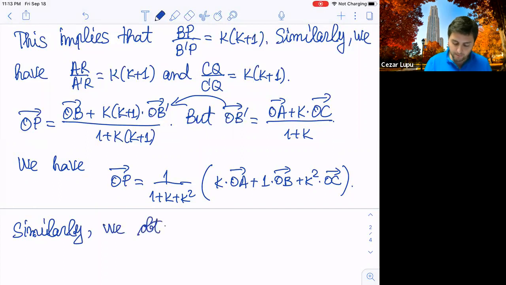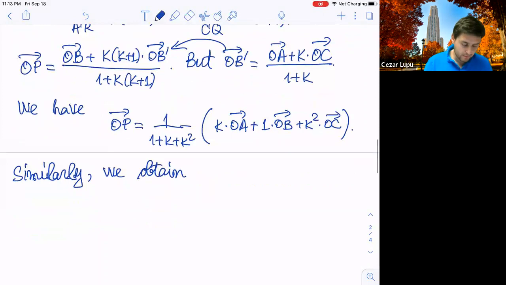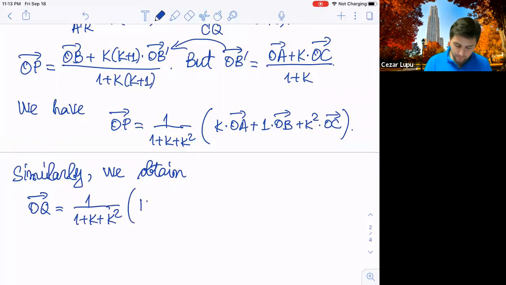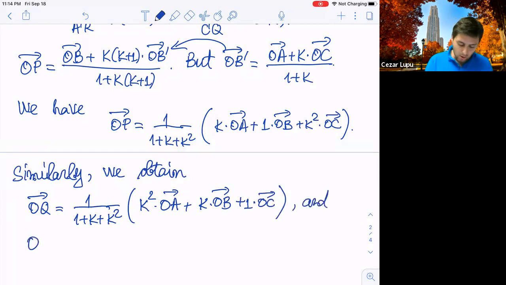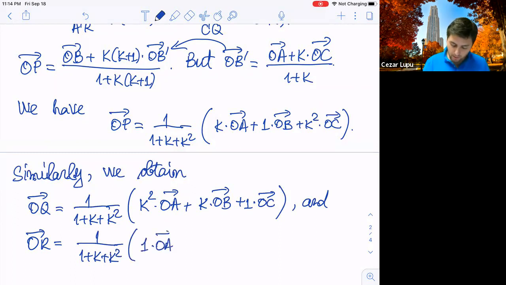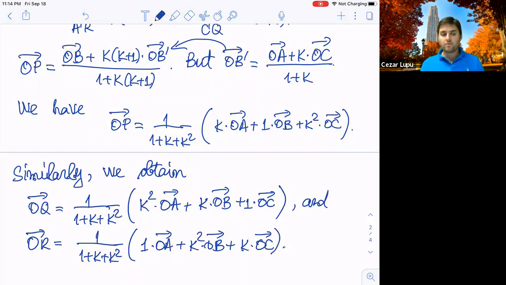We also obtain OQ vector, which is 1 over 1 plus k squared times k squared OA vector plus k OB vector plus 1 times OC vector, and OR vector will be 1 over 1 plus k squared, and this would be 1 times OA vector plus k squared times OB vector plus k times OC vector. Okay, so we have these three relations.